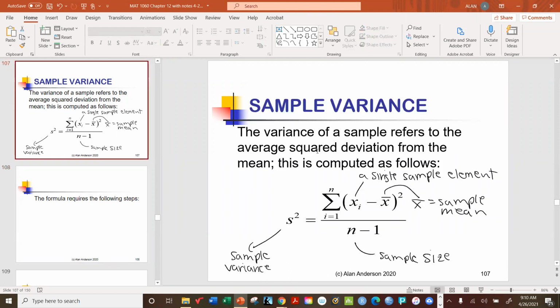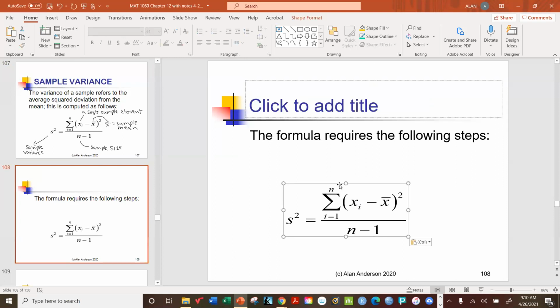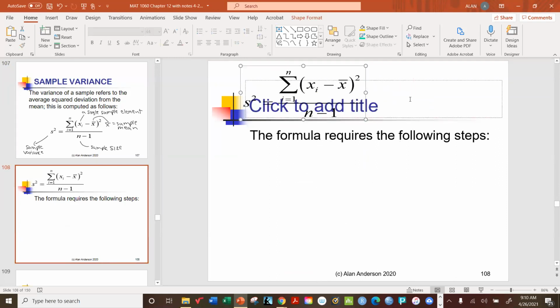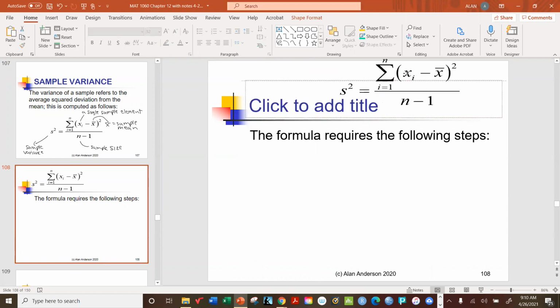Okay, so let me grab this and bring it over here. I'll just sneak it up here for the time being. So they're asking us to do this.